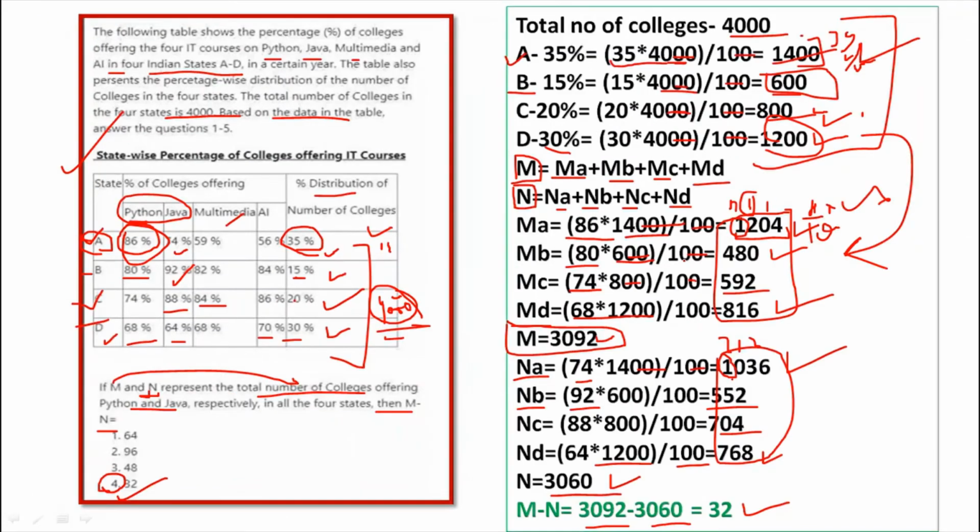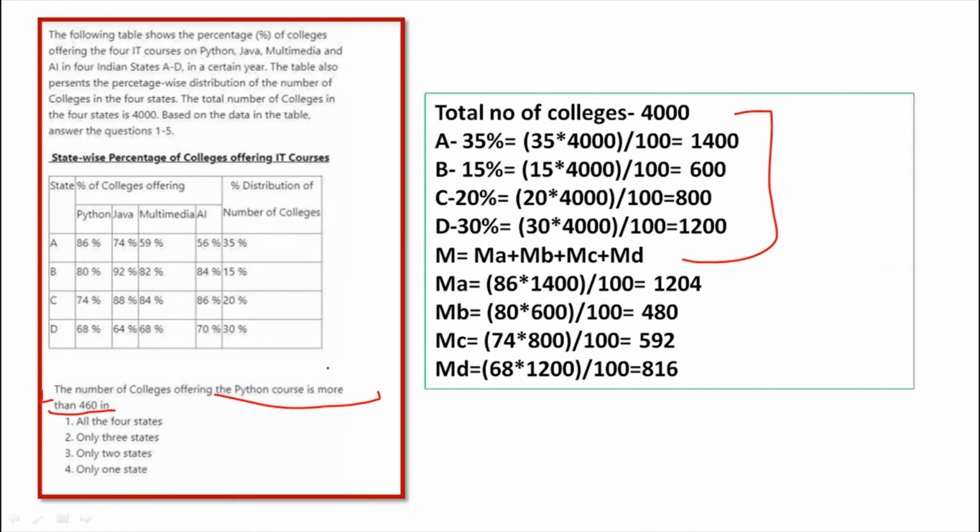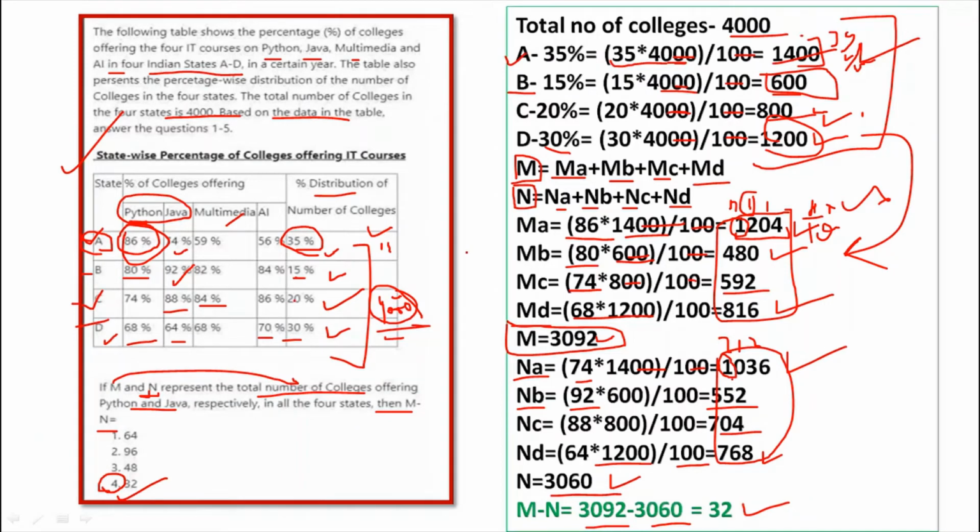So the number of colleges offering Python course more than 460: in every state more than 460 colleges are offering the Python course. A 1204 is greater than 460, 480 is greater than 460, 592 is greater than 460, and 816 is greater than 460. So we have already calculated this in the previous question, the number of colleges offering Python for A, B, C, D.